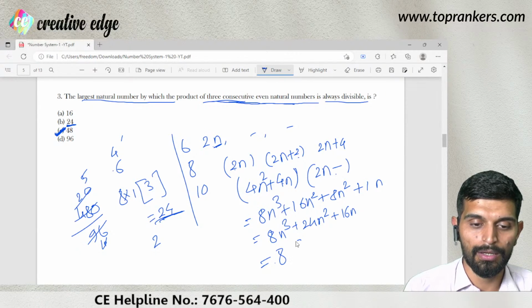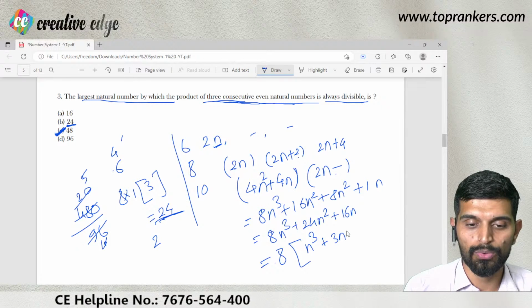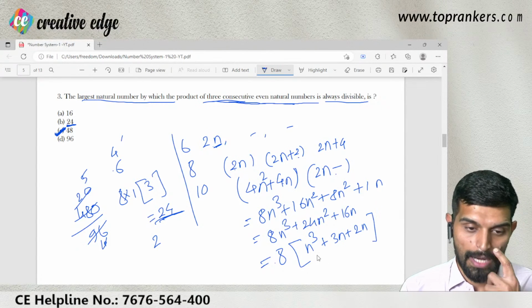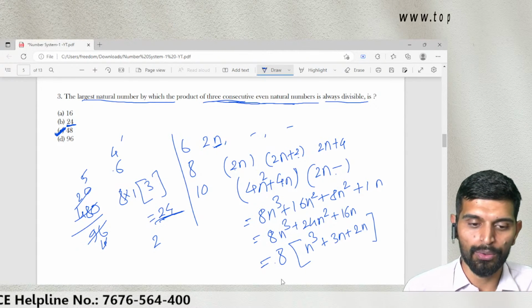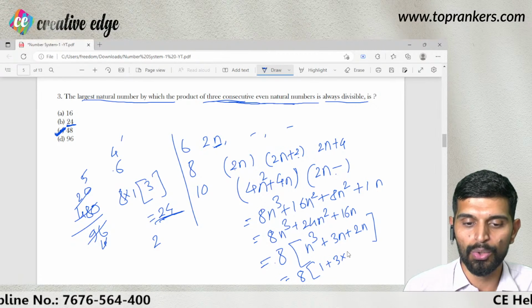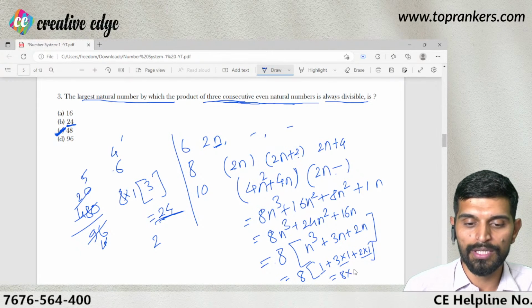Take 8 common here, then you'll have n cube plus 3n square plus 2n. So now if you keep any value, say the minimum value of n is 1, so 1 plus 3 into 1 plus 2 into 1. So this is 2 plus 3, 5 plus 1, 6. So 8 into 6, 48.